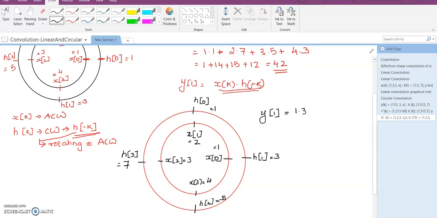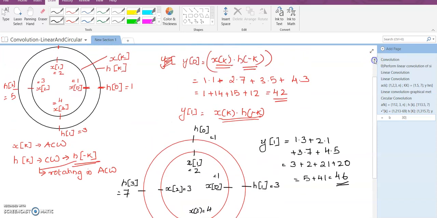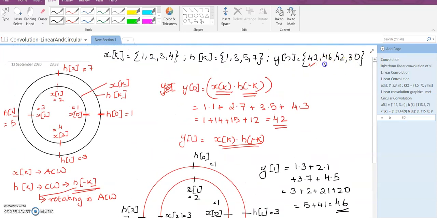It will be 1 times 3 plus 2 times 1 plus 3 times 7 plus 4 times 5, so 3, 2, 21 and 20. So it becomes 5 plus 41 equal to 46, which is again the second element that is shown here.